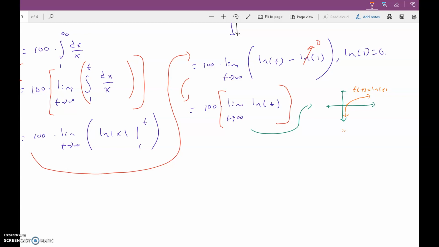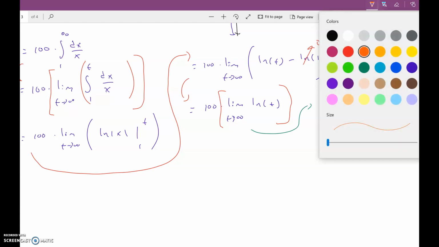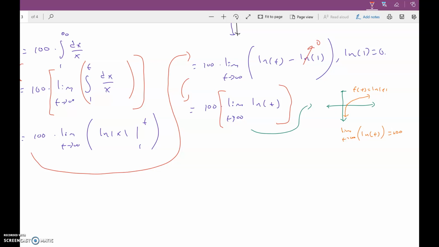As we evaluate the limit as t approaches infinity of the ln of t, this is going to be positive infinity, since your function keeps increasing without bound, meaning that it doesn't matter which t value you select, your y values are going to get infinitely large.